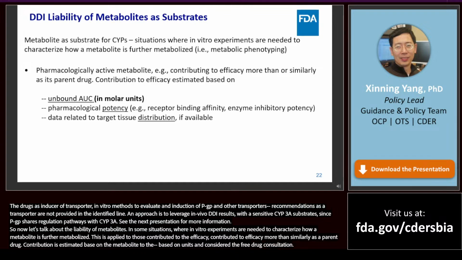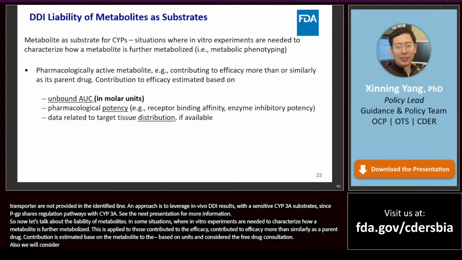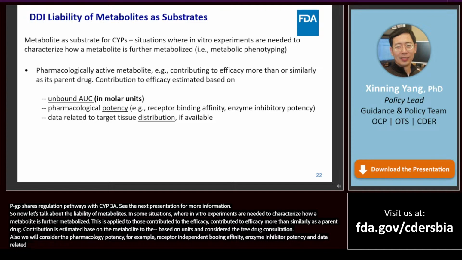Also, it will consider the pharmacology potency, for example, receptor binding affinity or enzyme inhibitory potency, and also the data related to targeted tissue distribution of a metabolite and the parent drug, if such data are available.